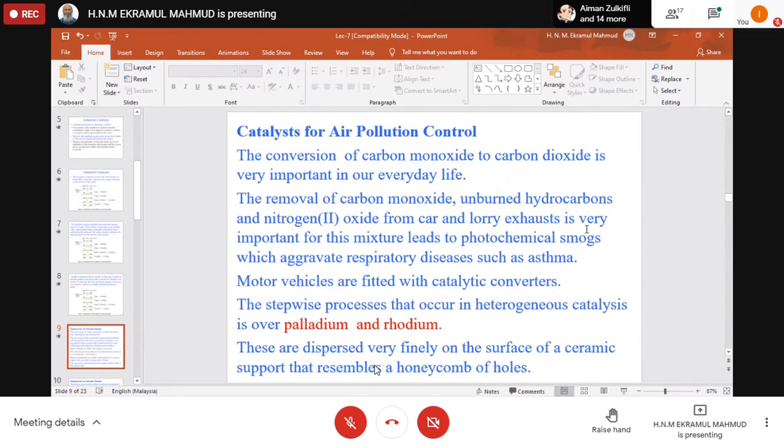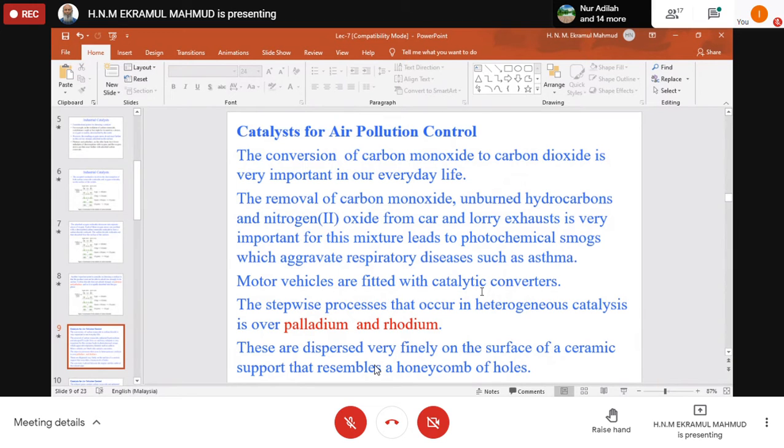Many times we see that Kuala Lumpur's atmosphere is very unhealthy. In June, July, or November, December, the air pollution is too high because of this photochemical smog or haze formation. It is difficult to breathe, and aggravates respiratory diseases such as asthma.